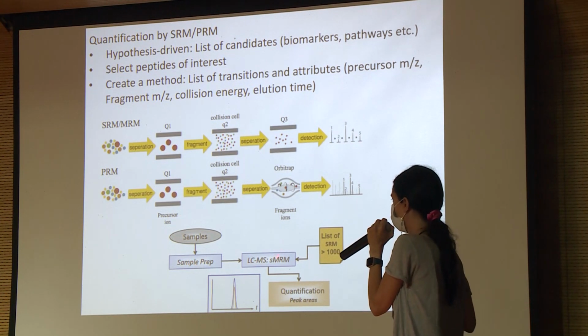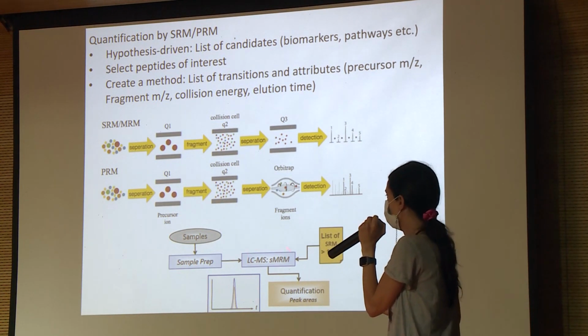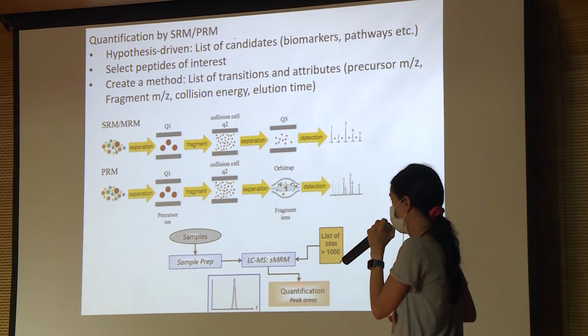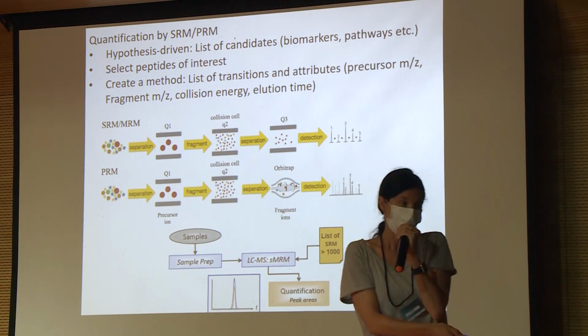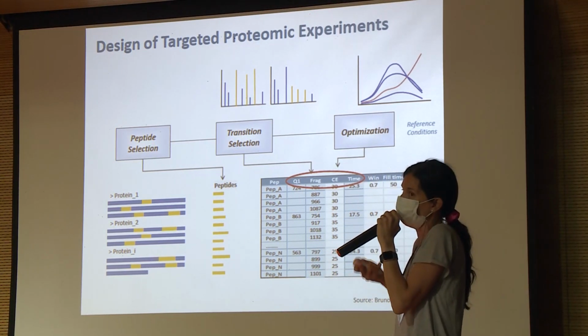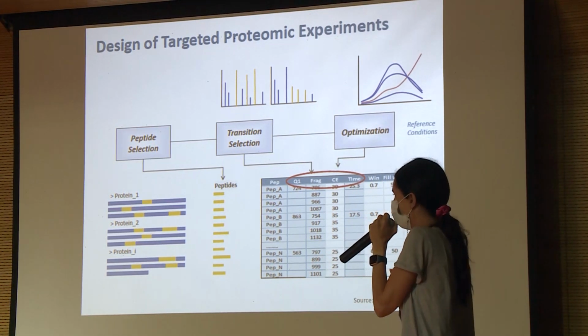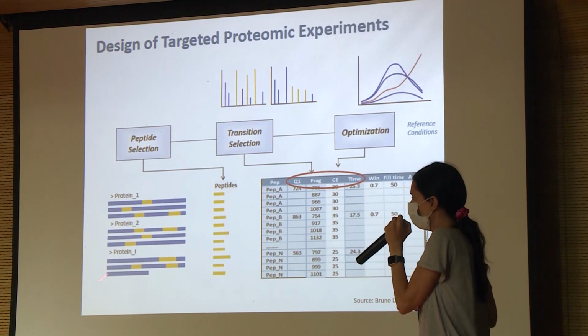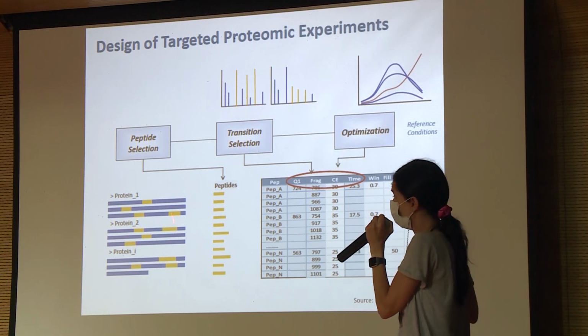Okay, so you have your sample prep, your LCMS run that is targeted, and you quantify based on the peak areas. Here, a limiting factor is always the number of peptides that you can select, or the number of transitions that you can select, because it depends on time. So the design is basically, I've already told it to you. So we have the proteins of interest.